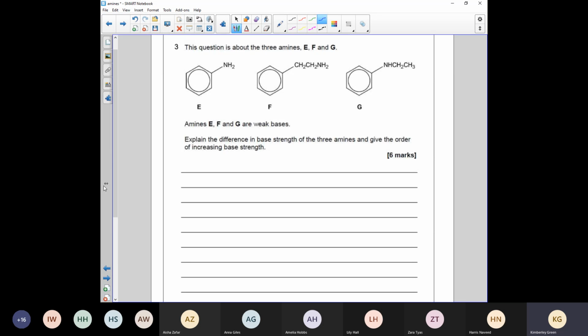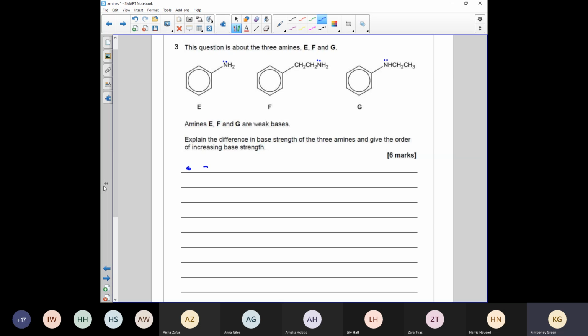First thing I'd want to talk about is what changes the strength of an amine as a base. Bases are proton acceptors, aren't they? They're trying to attract an H+ ion that's come from one of our acids. So it's all about the lone pair on our nitrogen and how available it is.